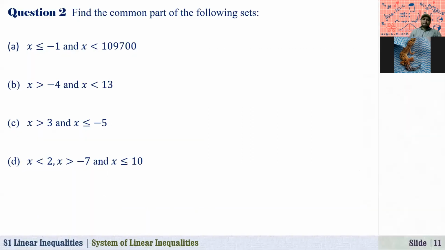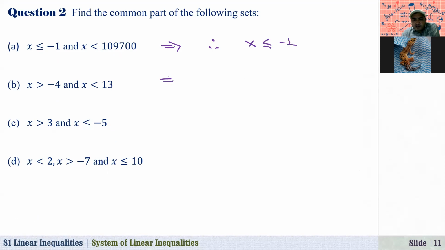Okay. So find the common part of the following sets, right? The first one is x is less than or equal to negative 1, x is less than 190,700, right? So what is the common part? The common part is x is less than or equal to negative 1.